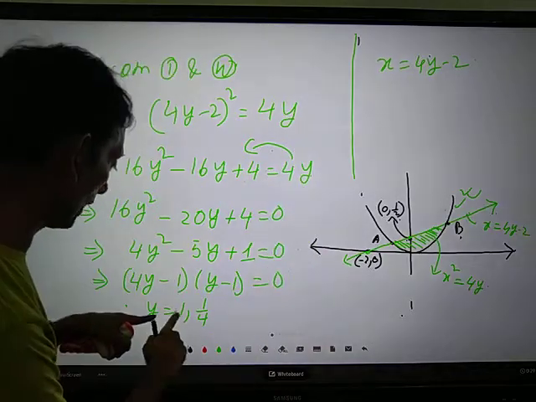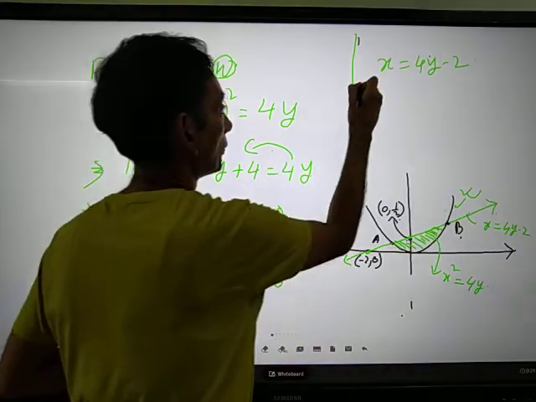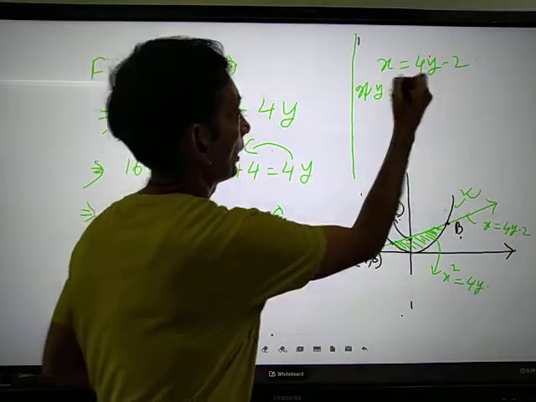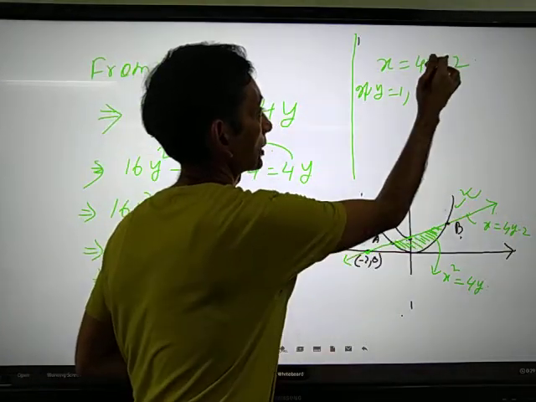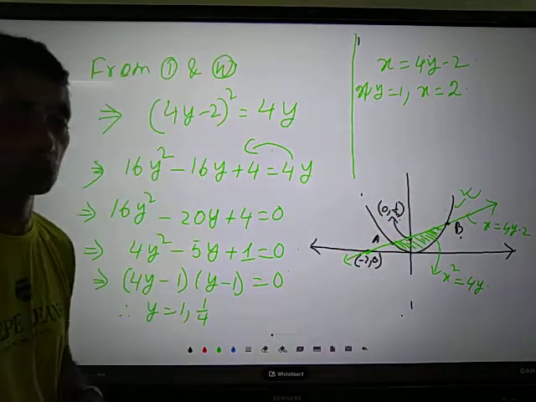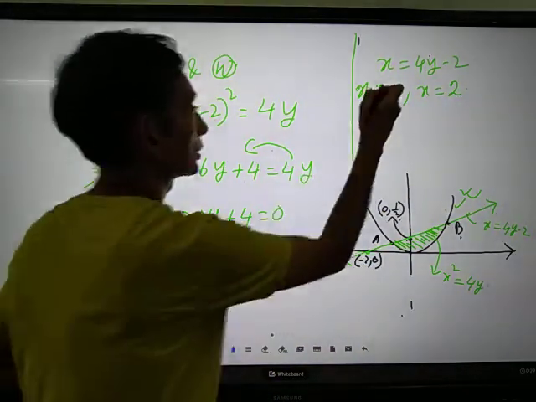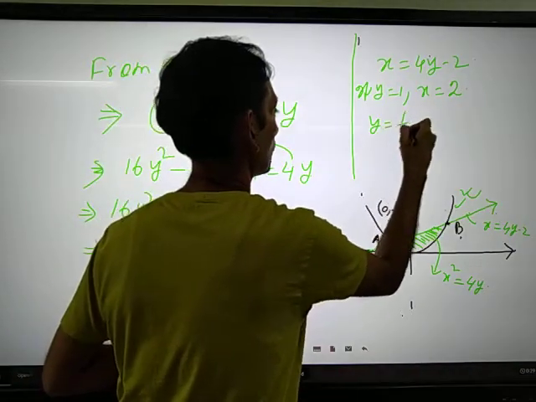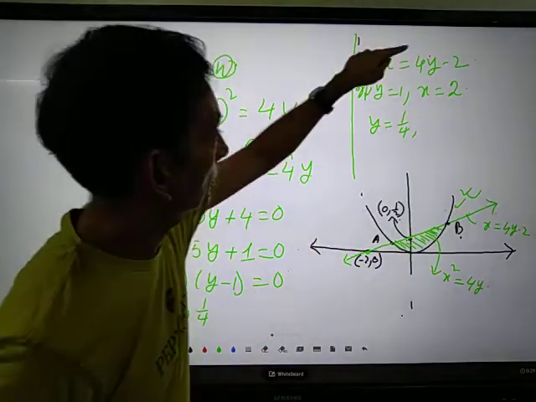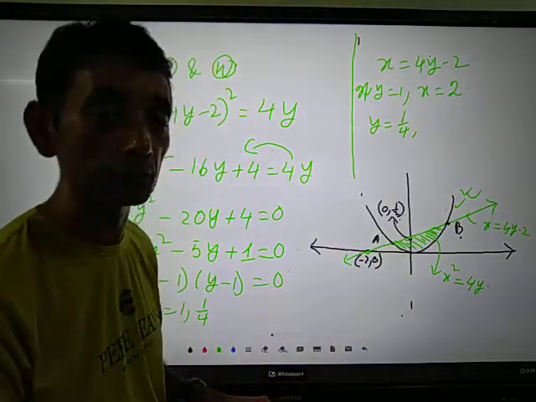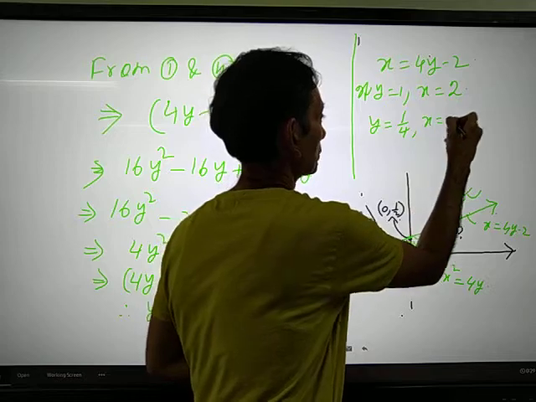If we substitute y equal to 1, then x will be equal to 4 minus 2, which is 2. And if we substitute y equal to 1 by 4, the 4 will cancel out, so x is equal to 1 minus 2. So x is equal to minus 1.